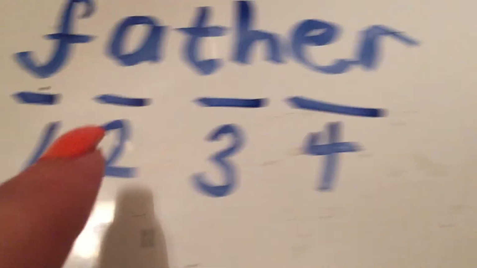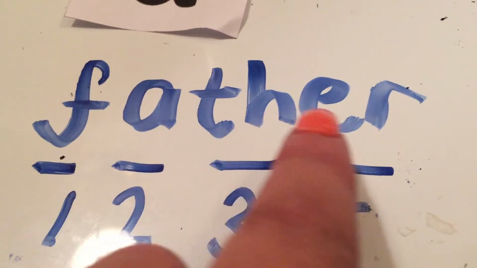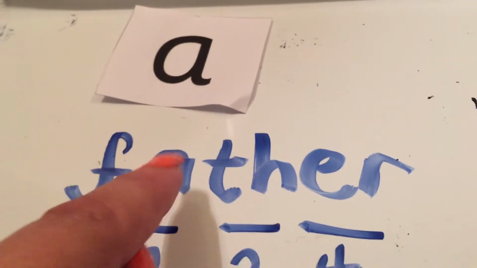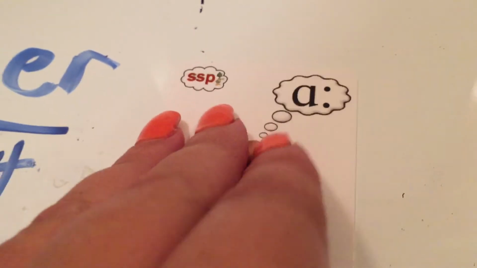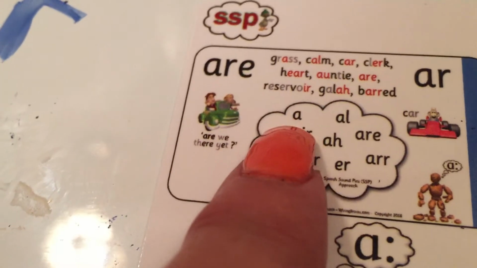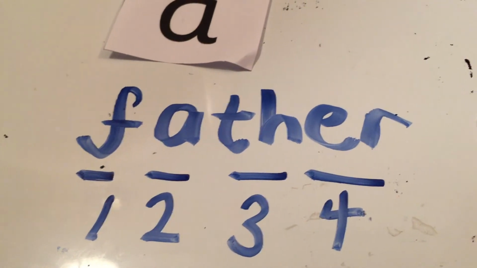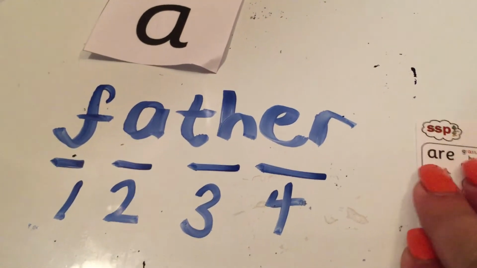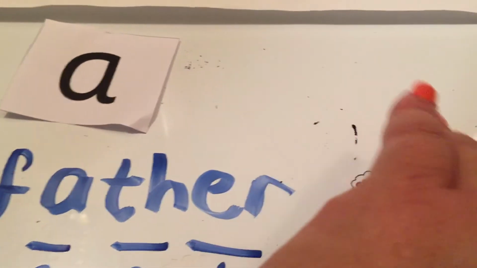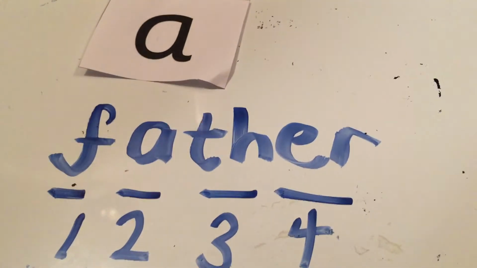Monster R. So for the word father, that's a picture for R in that word. Here's monster R. What's the picture? Let's have a look. There it is. So there's the picture for R in the word father. So you do it that way round, or let's see if they spot another word.